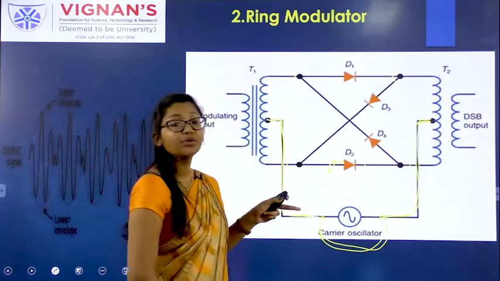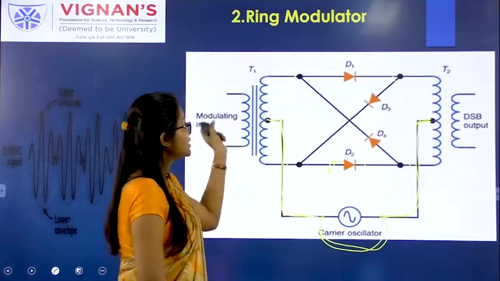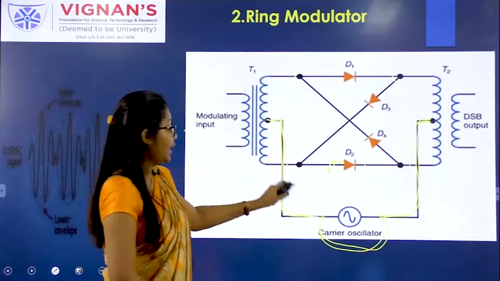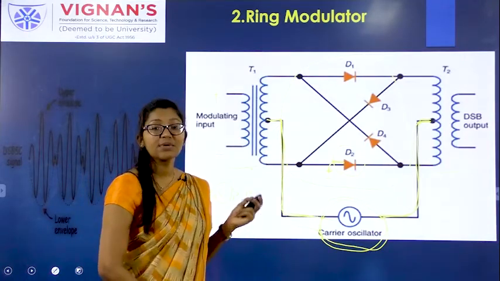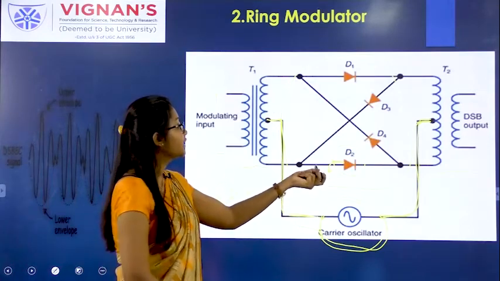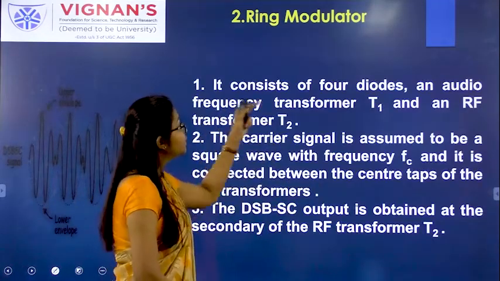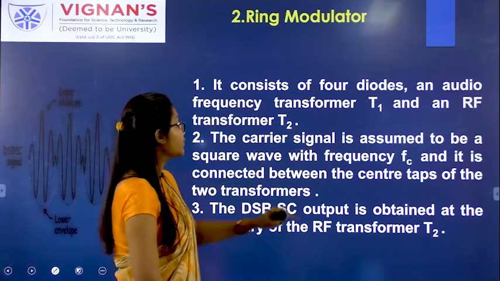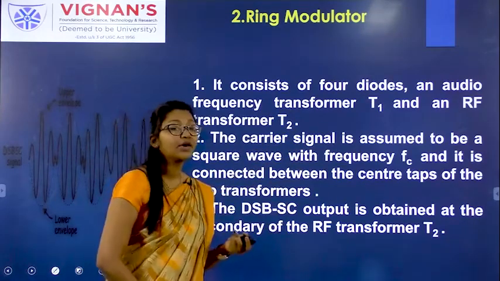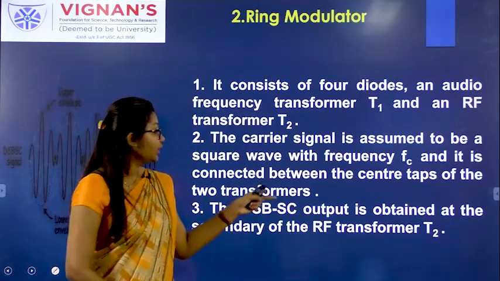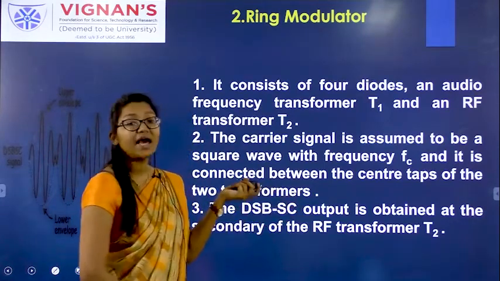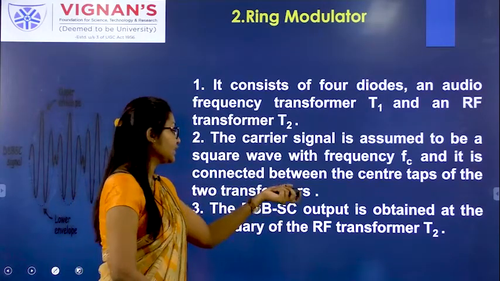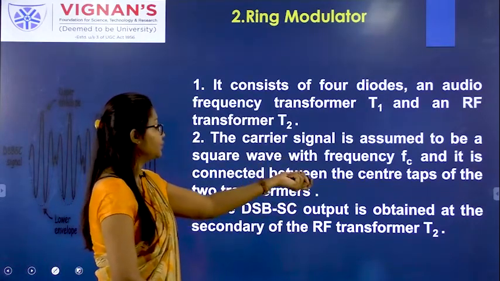So this is the circuit diagram of the ring modulator. What is there? Two transformers, 4 diodes in the form of a ring shape, and two signals we are giving, that is the message signal and the carrier signal. So I just represented it here. It consists of 4 diodes and two transformers T1 and T2, and these diodes will work only under the carrier signal, because the carrier frequency and carrier amplitude are greater than the message signal frequency and amplitude.